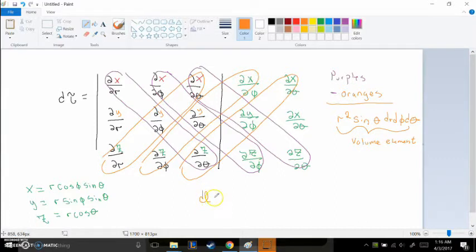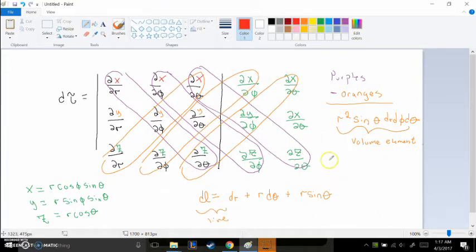Originally, if you've been watching all the videos, I said dl, an infinitesimal line element in this spherical coordinate system, was going to be dr, because the first coefficient was 1, plus r d theta plus r sine theta, right over here.